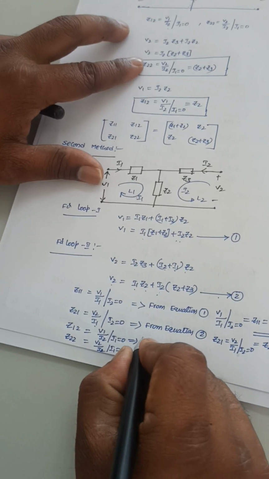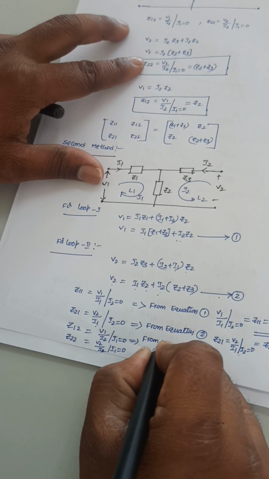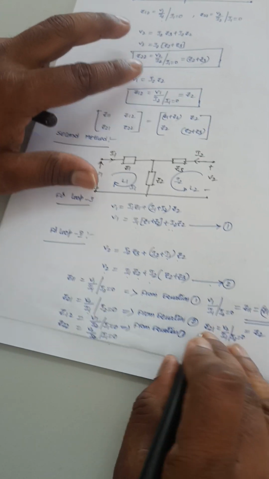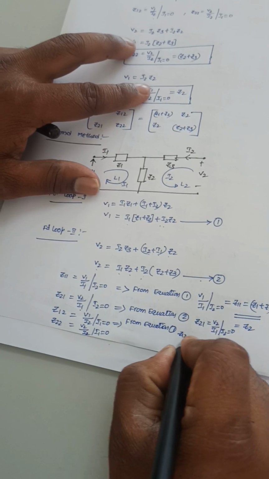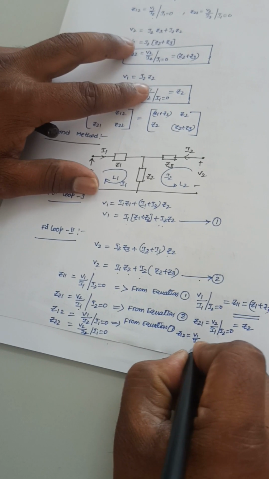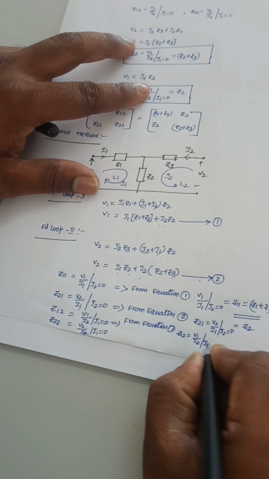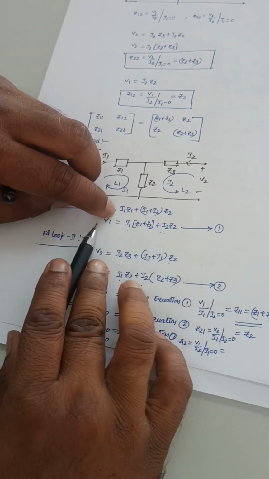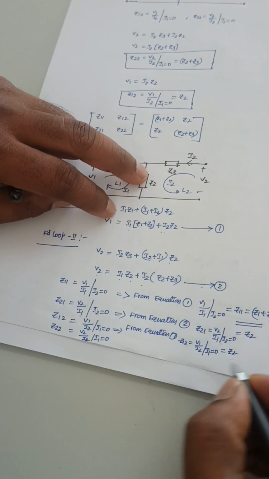So from equation 1, Z12 is equal to V1 by I2 at I1 equal to 0, that is equal to Z2.